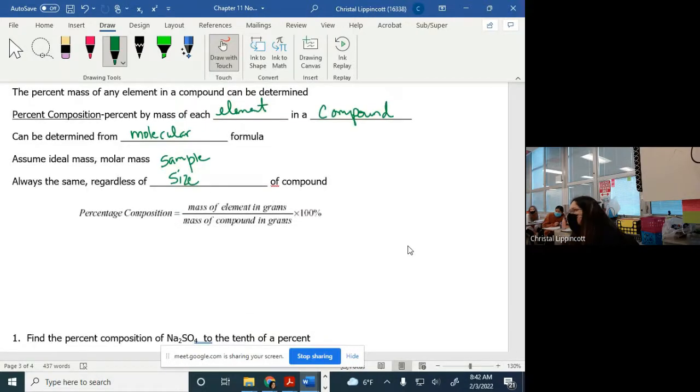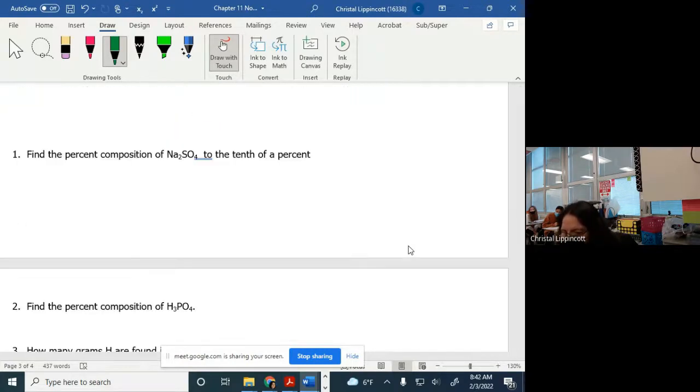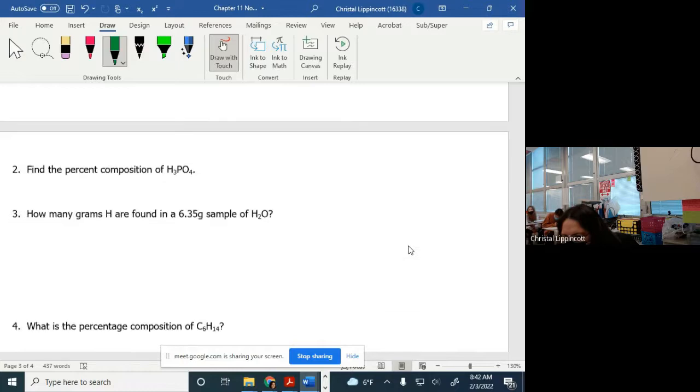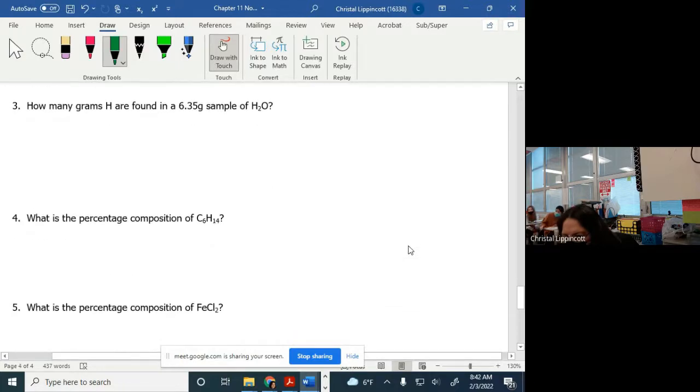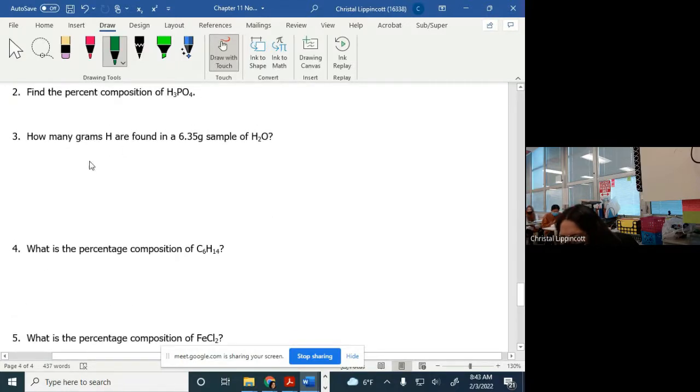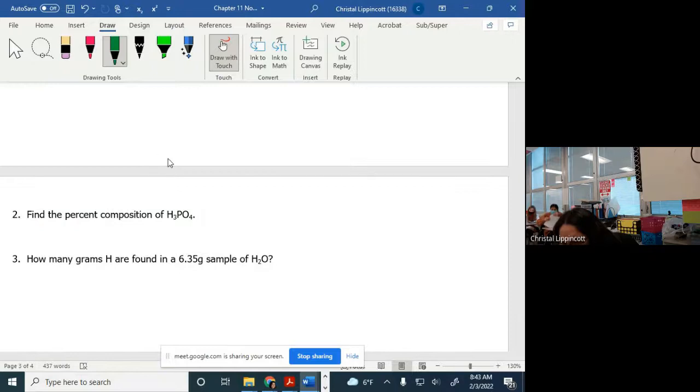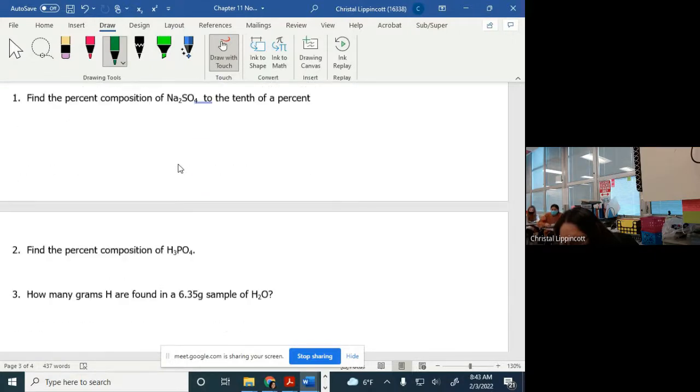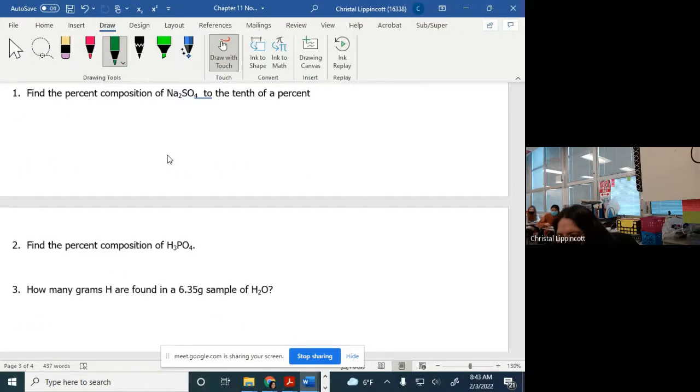Okay. Good. Ready to do one sample of that? It'll just take us a second or two. Let's just do this guy real quick here. Percent composition is what I want right here. So we've got Na. I have 2 of those.